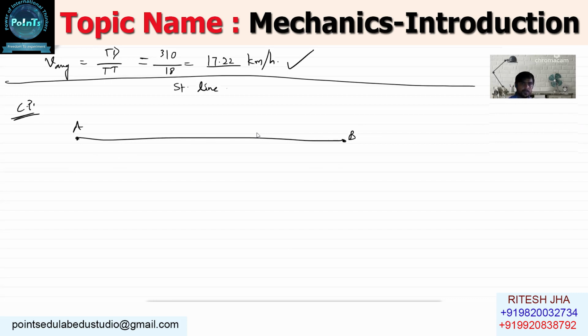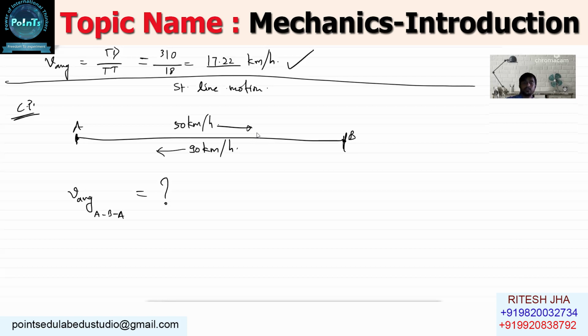Starting from point A, you're going towards point B. While going, you're going with 50 kilometer per hour. And while coming back, you're following the same route, same straight line, and you're coming back with 90 kilometer per hour. What will be the average speed for this entire journey going from A to B to A?